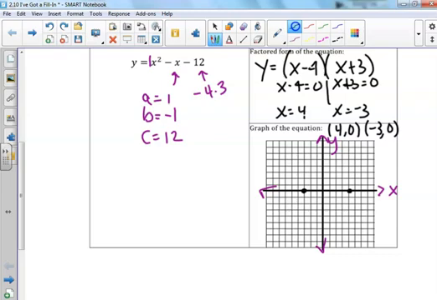Recall that our axis of symmetry will be the median of your x-intercepts, and that was from a previous lesson. So the middle value between 4 and -3 should be 1/2 or 0.5. Therefore, I know that when x equals 0.5, that is my axis of symmetry.